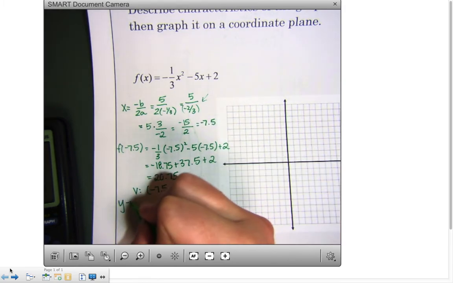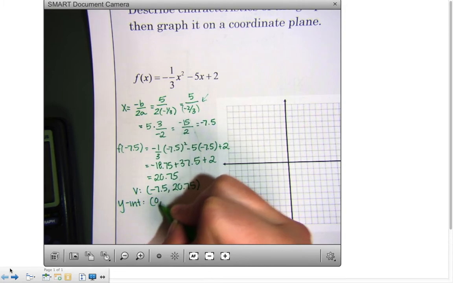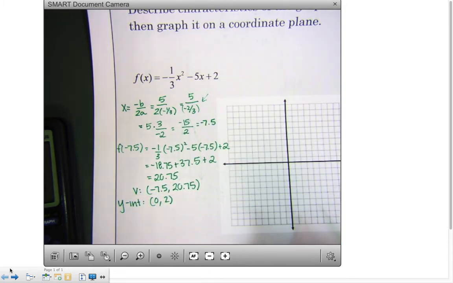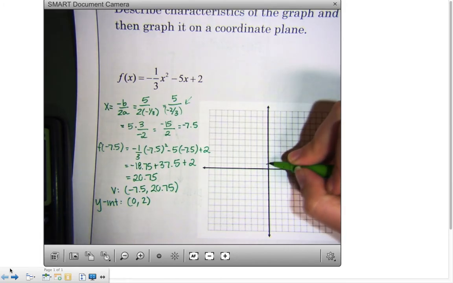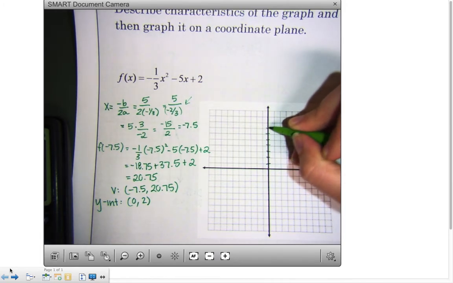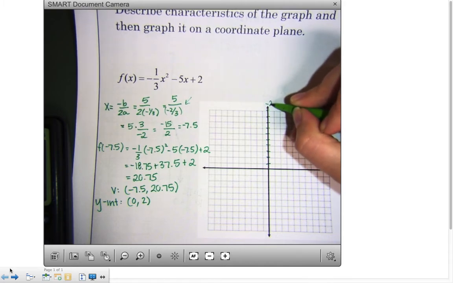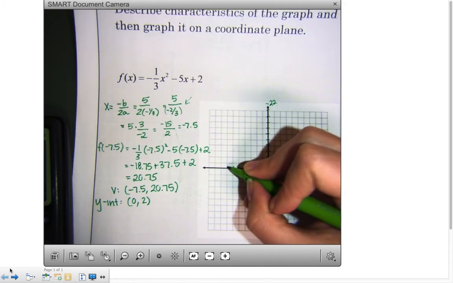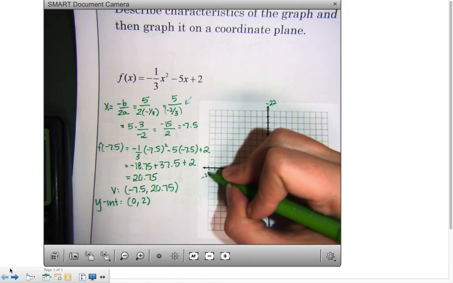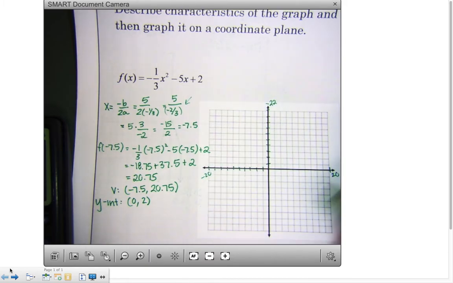And we know the y-intercept is 0, 2, because 2 is the constant. So I'm going to go ahead and just count by 2's. I'll go off a little bit to give me 22. You can do that on all sides.